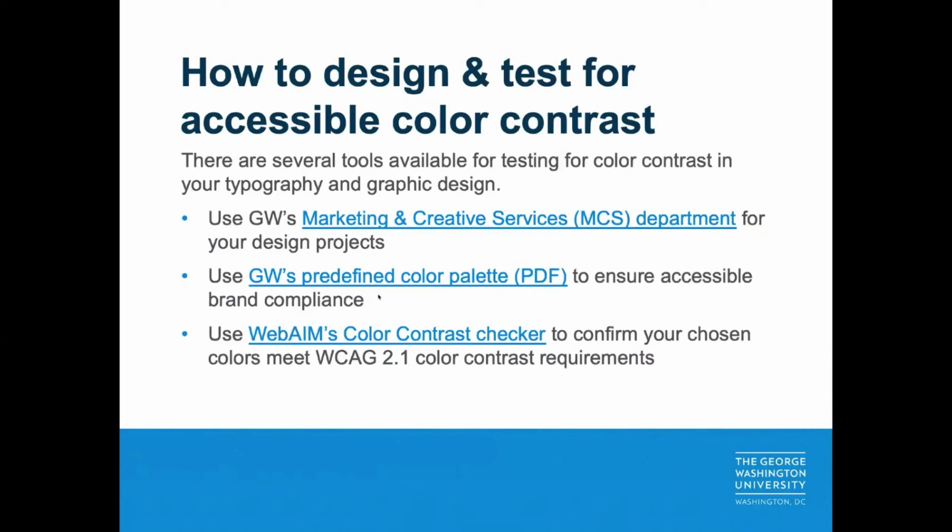For the color palette document that we have available right now, it's slated to be updated this coming fall to provide the latest hex color values that will also be brand compliant and meet web accessibility color contrast requirements for level A compliance.